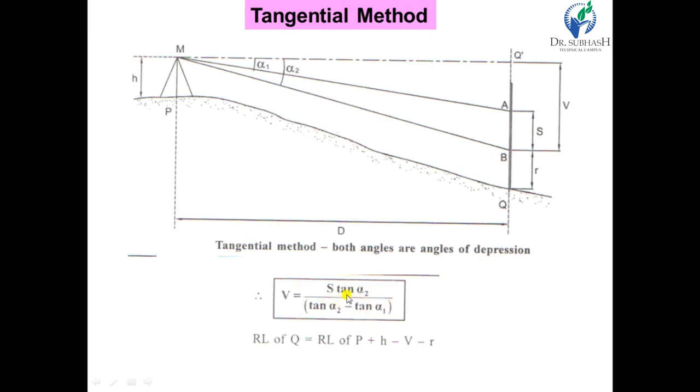So directly we can derive the formula inversely: V is equal to S tan alpha 2 upon tan alpha 2 minus tan alpha 1, and RL of Q is equal to RL of P plus the instrument height H minus V minus h.